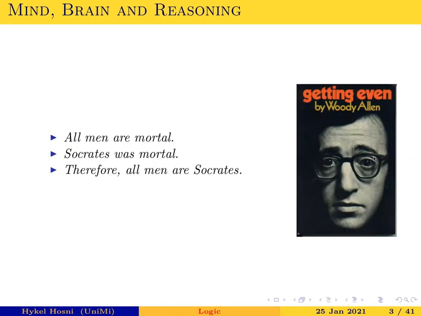This is something you probably know, if you know it at all, from Love and Death, but it's actually in the Getting Even anthology by the great Woody Allen. So I hope you believe this is really not a valid conclusion.